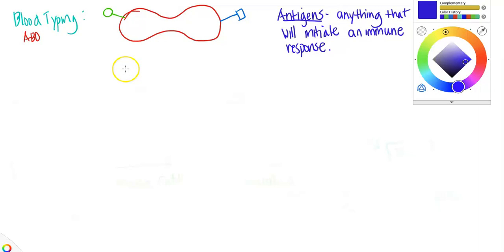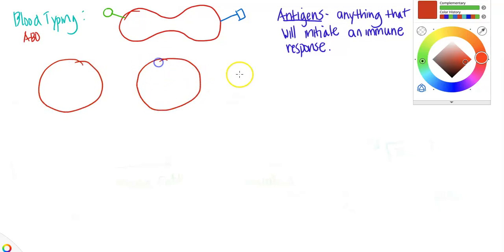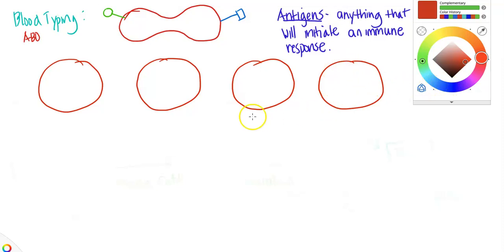So there are four blood types. So 1, 2, 3, 4.